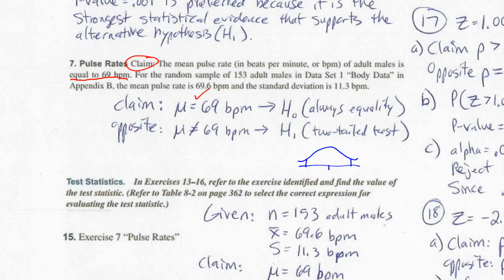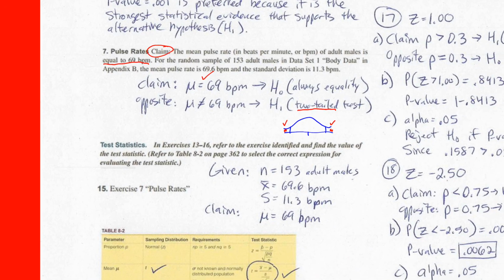So there are two areas that we have to check for, okay? And so that's what I mean by two-tailed test, okay? If we can prove that it's either here or it's here, then we can reject the null hypothesis, okay? So I'll be referring to what type of tail we're going to be dealing with in the rest of this review.